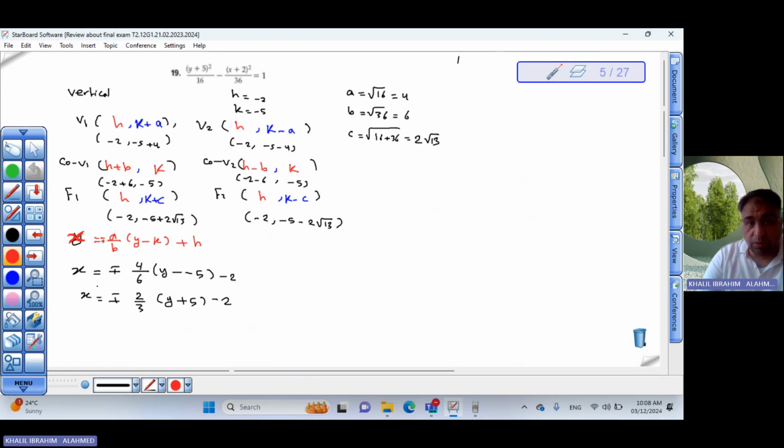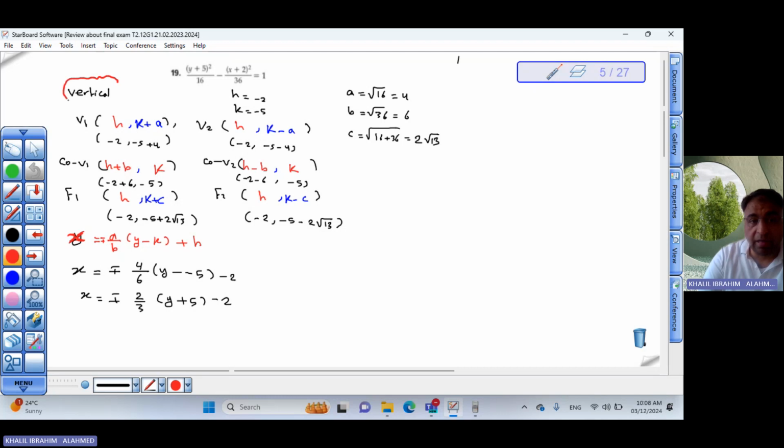All these questions, maybe not all this comes together, maybe just asking vertices and co-vertices or foci, and be careful about the equation of asymptote. Here the equation is given in the question: y plus 5 squared over 16 minus x plus 2 squared over 36 equals 1.